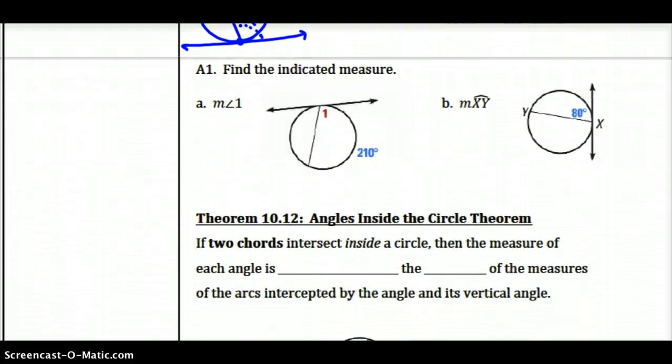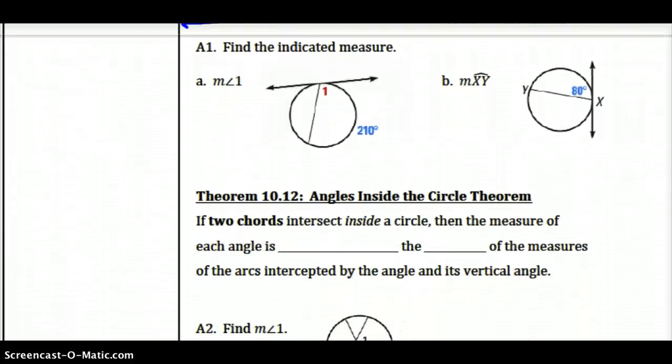So now let's see a couple of problems on this here. So exactly what we're asking, what is this angle here? We're going to say it's 1/2 of 210 degrees, which is 105 degrees. So this is 105 degrees. Over here, they're asking what is the measure of this arc here if this angle is 80? Well, that would be just going the opposite way here.